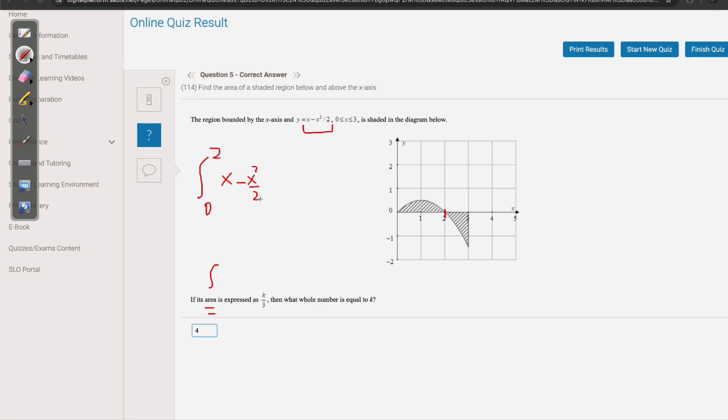And then here, look, again we're going to integrate, but this time from 2 to 3. But as we can see here, the area is down. It's in the negative side. It's below y is 0. So all we're going to do is, instead of making it plus the second integral, we're just going to make it minus.